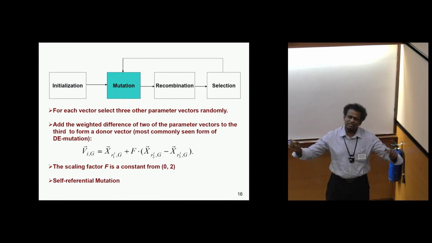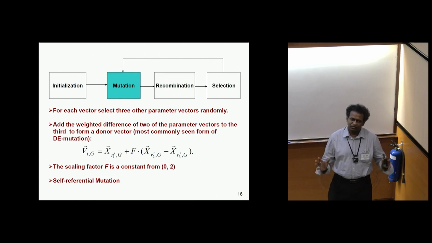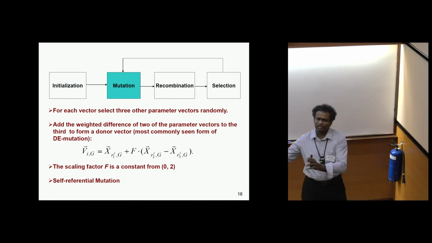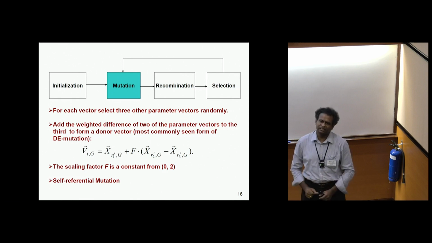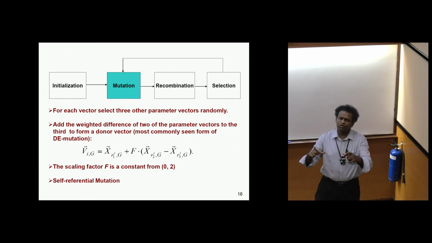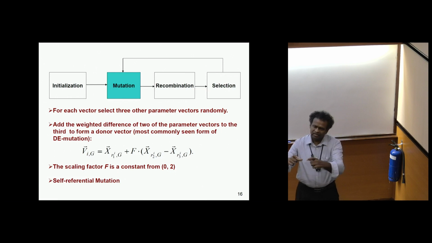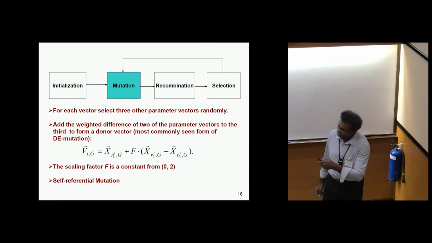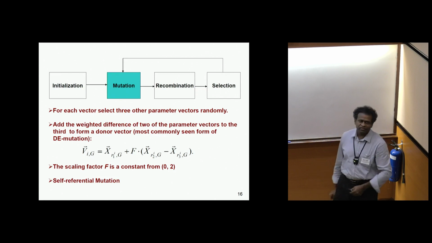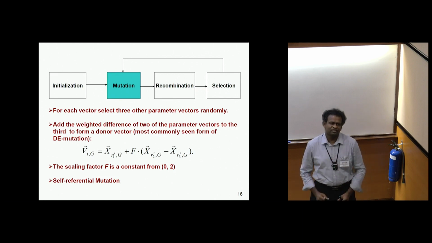When the evolutionary algorithm evolves over generations, the population members usually tend to move towards a good region. When the members move towards a good region, they become closer to each other. When they become closer to each other, the magnitude of the difference vector will naturally become smaller.